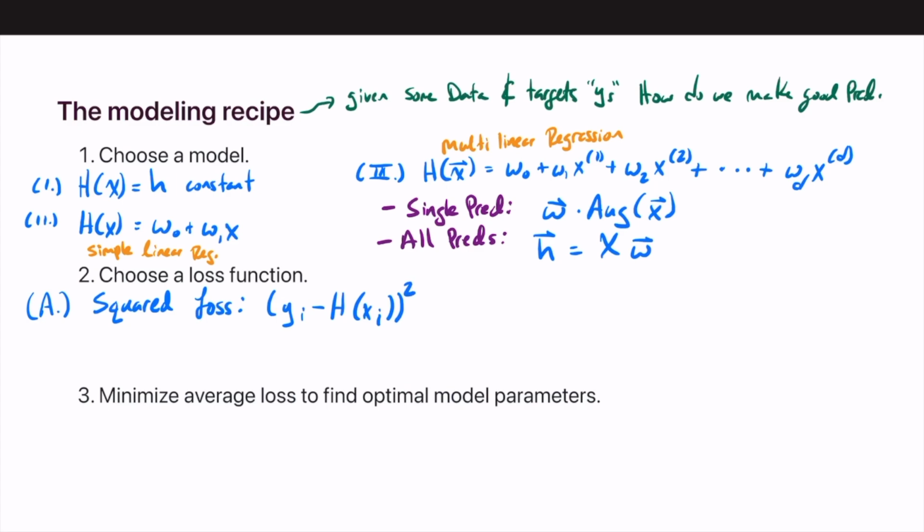And this is our actual, and this is our prediction, and whatever the difference of that is squared gives us our squared loss.